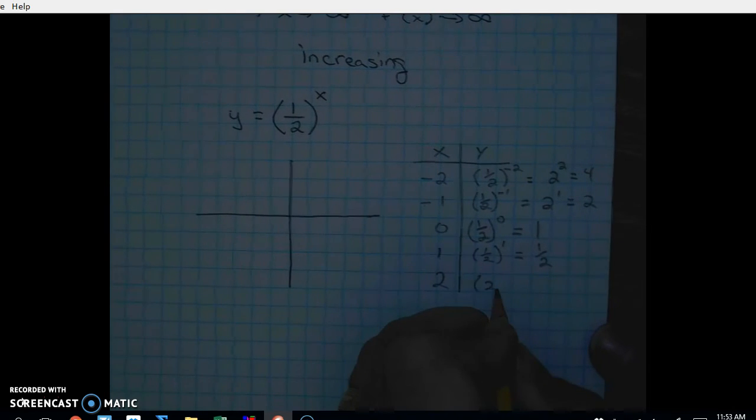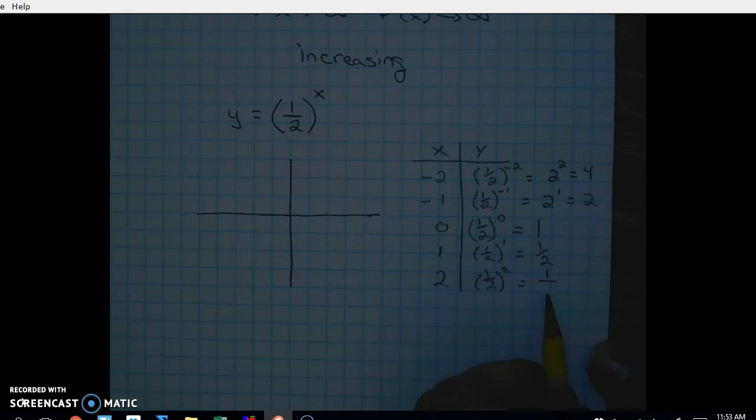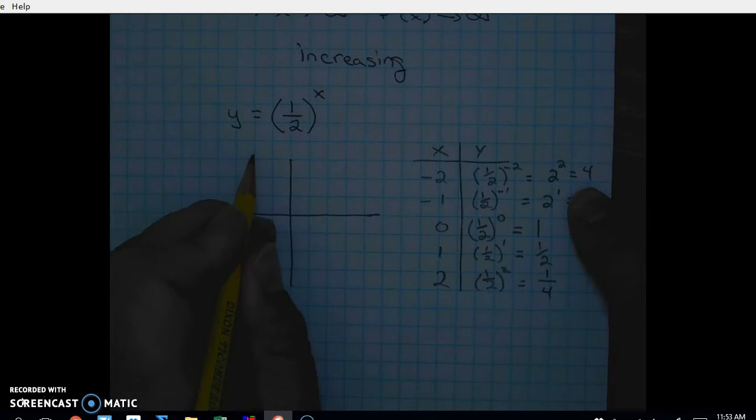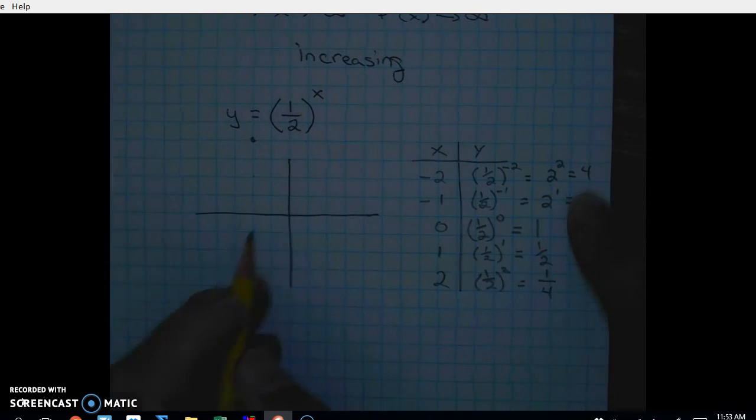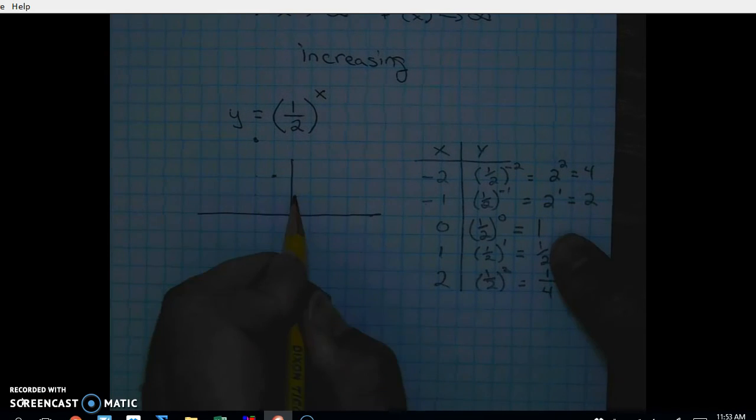And 1/2 to the second power, which would be 1 squared, which is 1, and 2 squared, which is 4. Okay, plotting these points, we've got -2, 4. We have -1, 2. We have 0, 1.